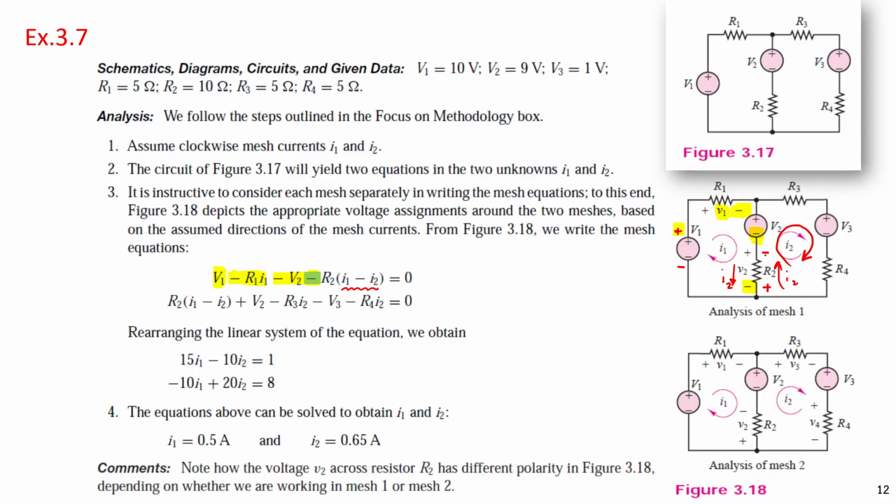The voltage across R2 will be minus R2 into, in this positive direction, I2 minus I1.